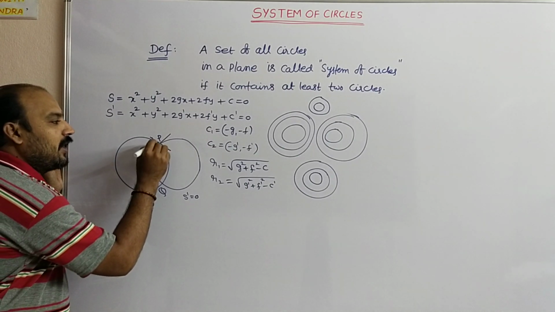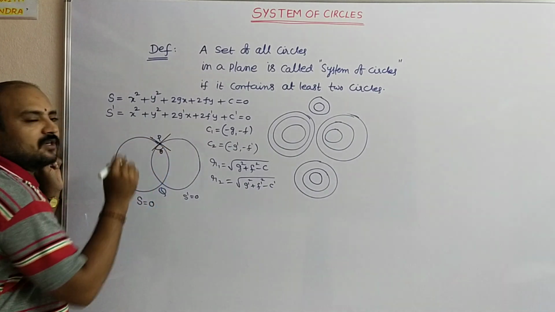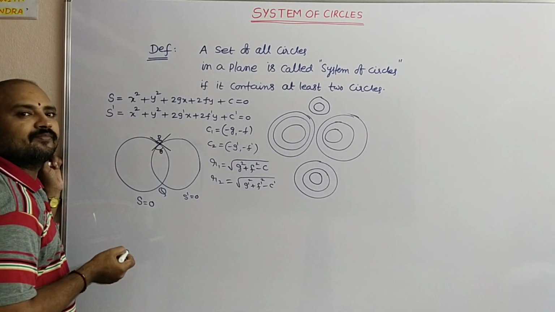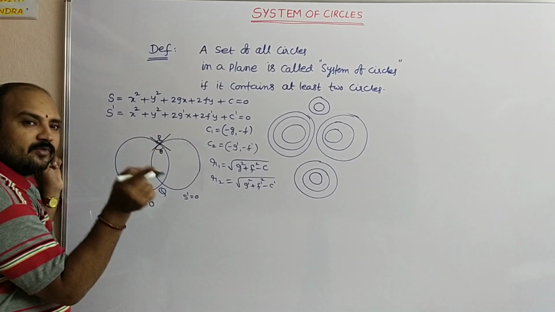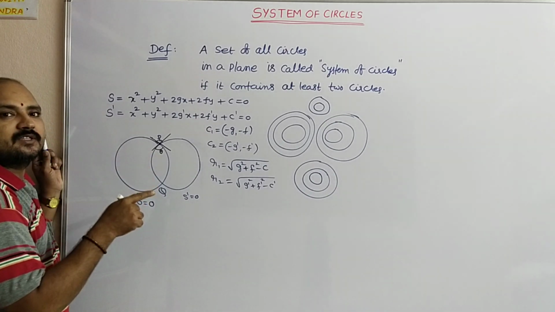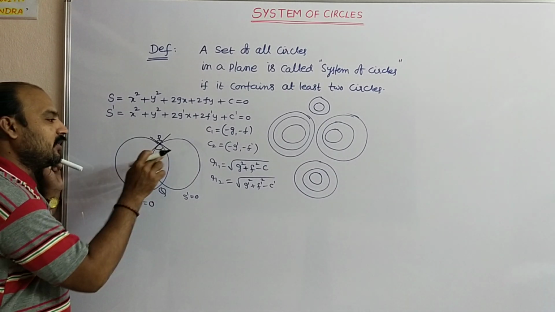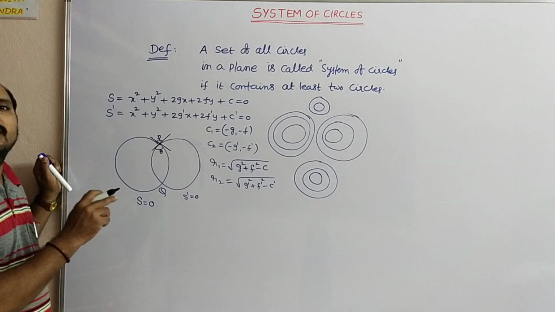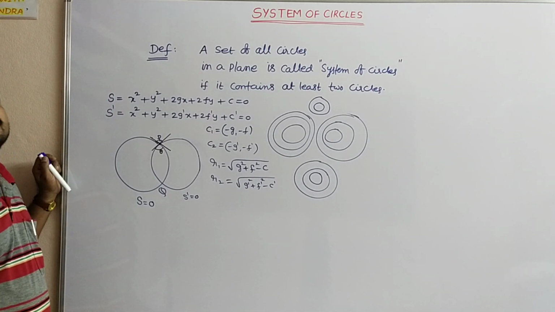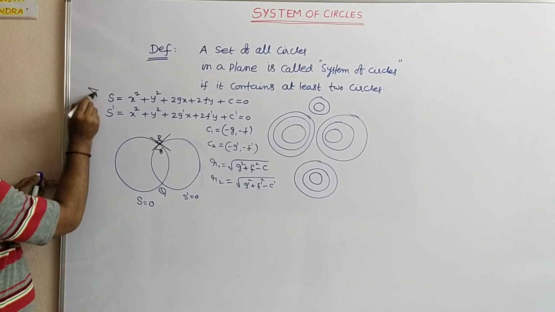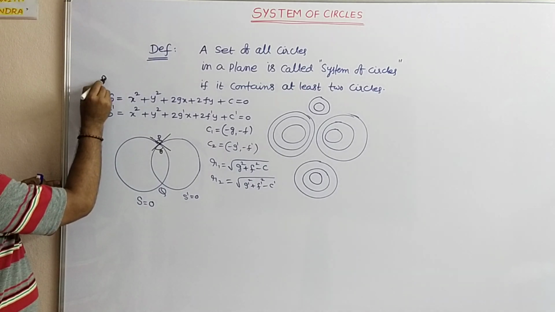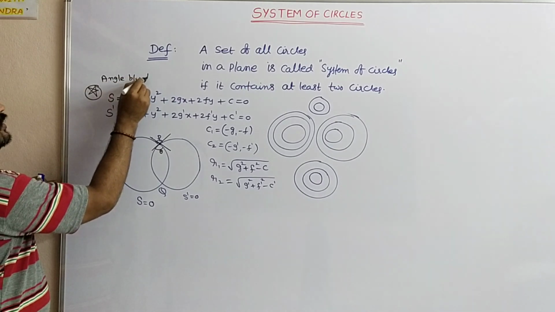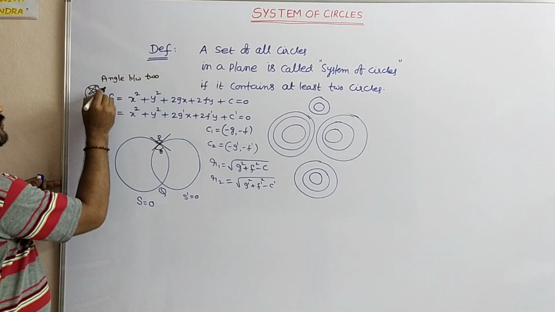So the angle between the two tangents is theta, and we can take it here also. The angle between two intersecting circles is equal to the angle between the two tangents at their point of intersection, and this is called the angle between the two circles. This is a very important concept.